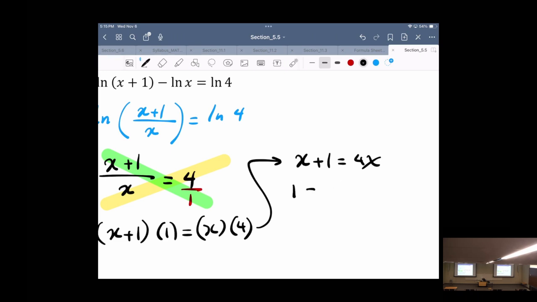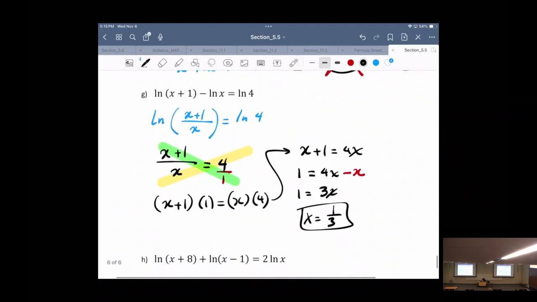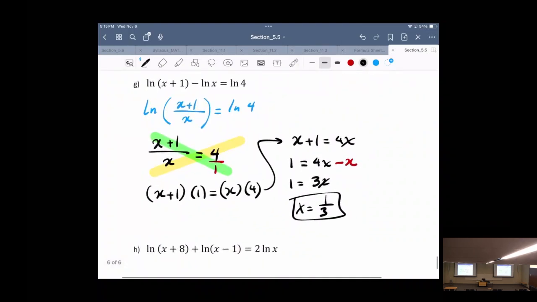You get 1 equals 4x minus x. So we get 1 equals 3x, and x equals 1 over 3. Okay, so this will be our solution there.